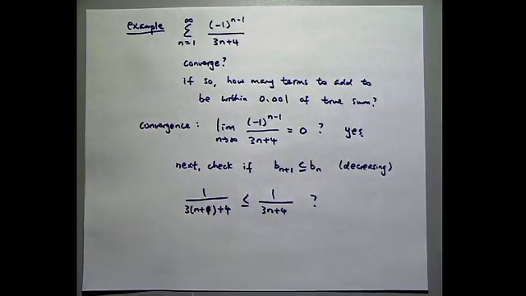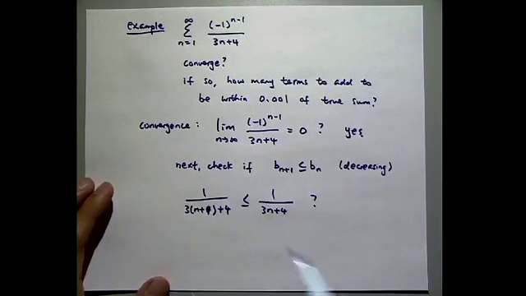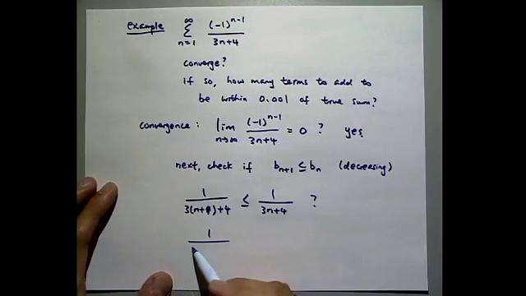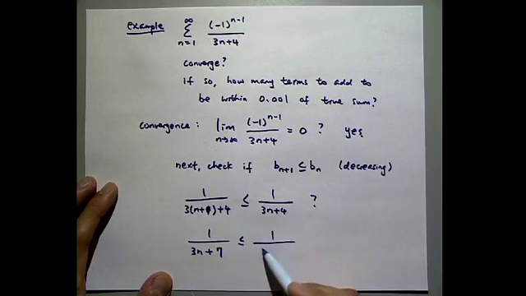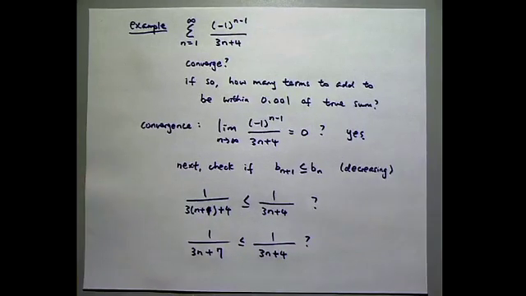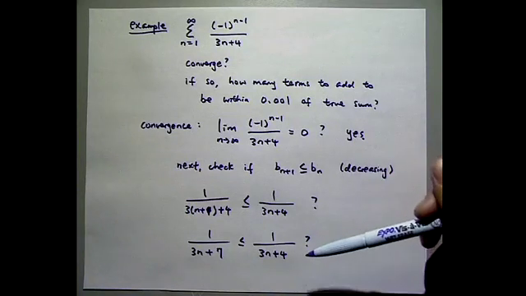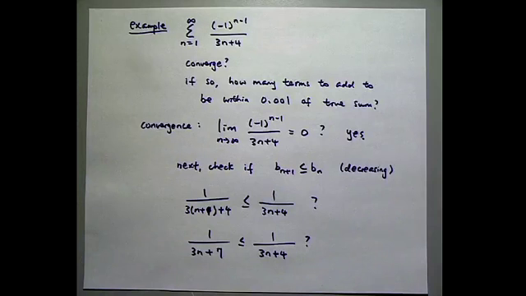So we need to see this happening. Simplify a little bit. All right, so now we have to check if 1 over 3n plus 7 is less than or equal to 1 over 3n plus 4. What do you think? As long as n is positive, this is always true.